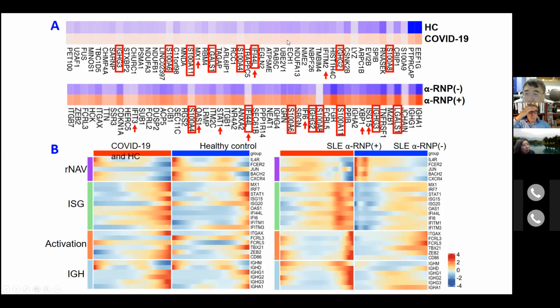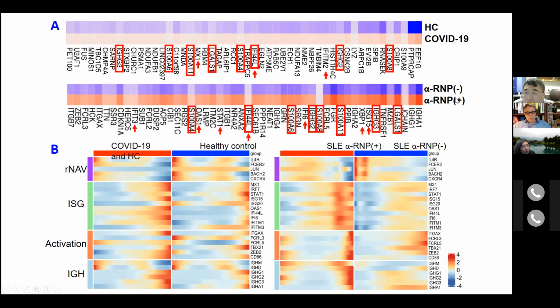Of course they have more switched B cells, so you can see IgG, IgG2 and 3, but there are also some interferon signature genes. The boxed ones are all interferon genes, except this one.